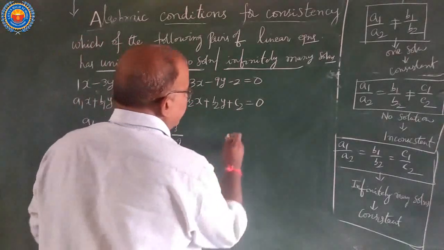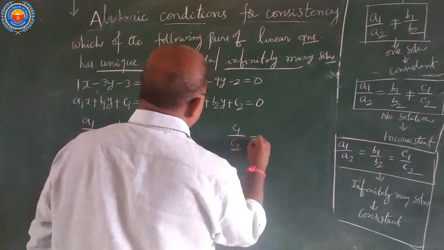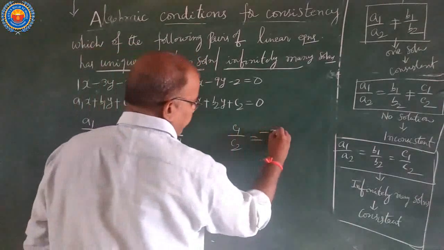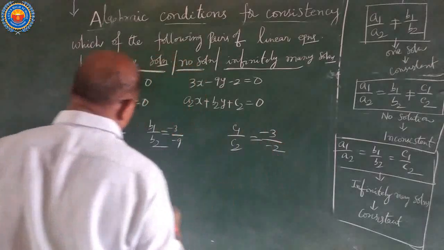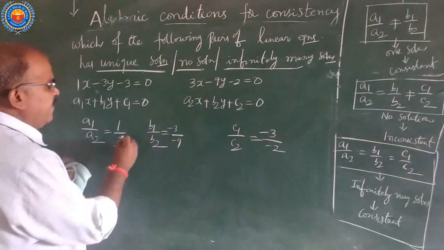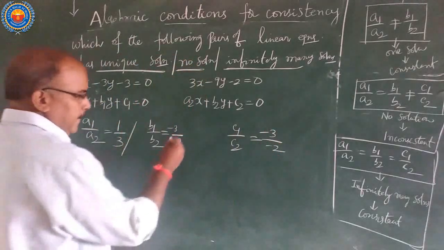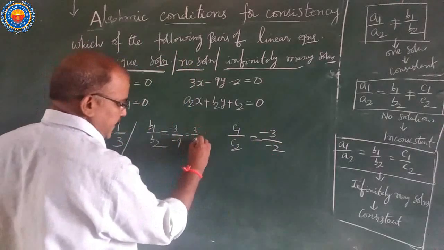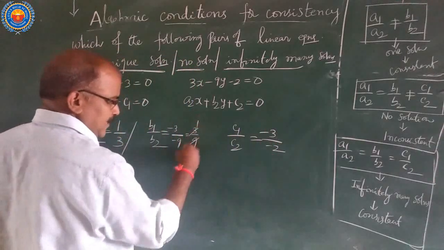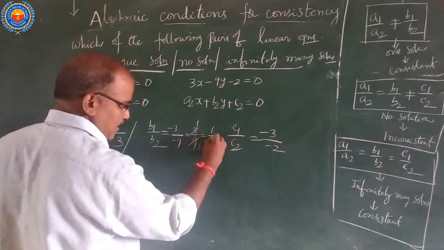What is c1 by c2? c1 is minus 3, c2 is minus 2. So simplify: a1 by a2 is 1 by 3 only. Here this is nothing but 3 by 9. 3 ones are 3, 3 threes are 9. This is also 1 by 3.